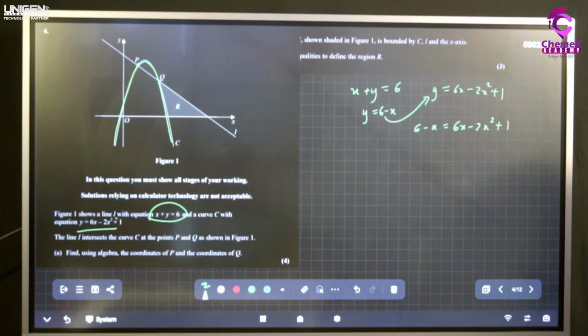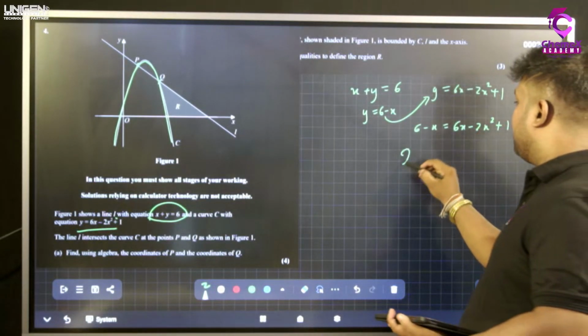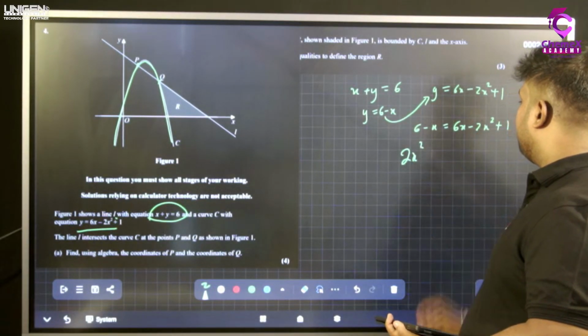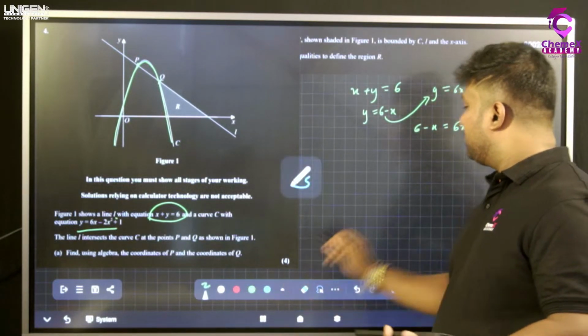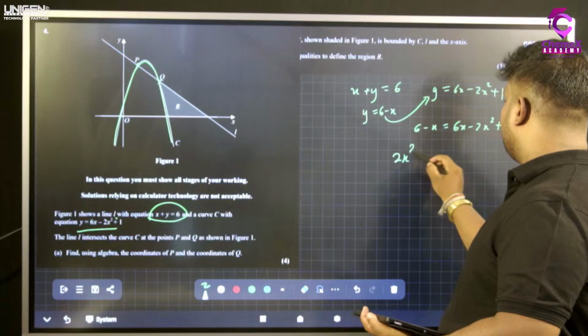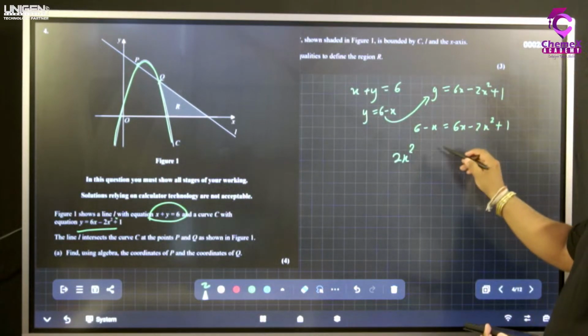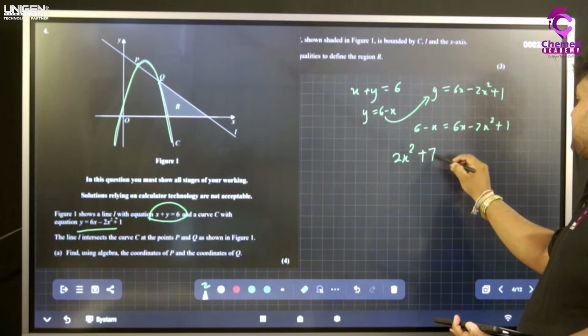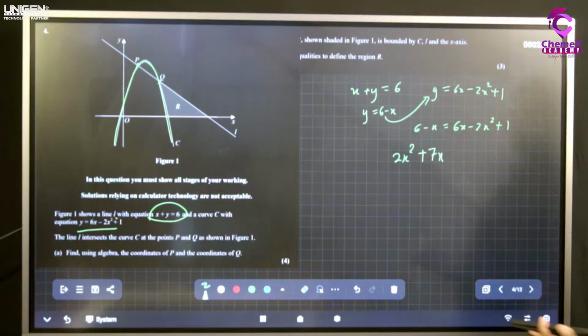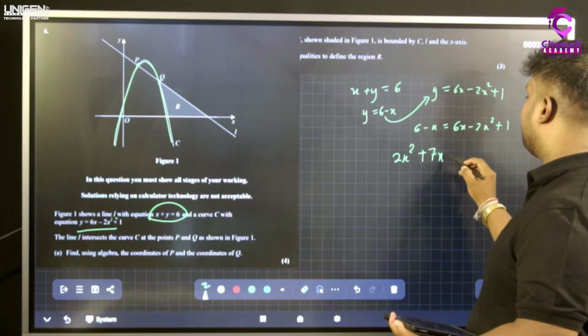So it goes to the other side: 2x squared, and 6x plus x is what? 7x. So 2x squared minus 7x plus 5 equals 0.